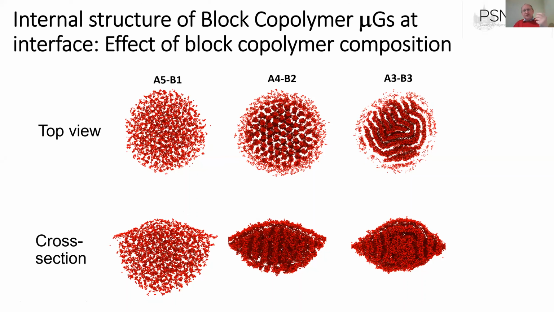Indeed, they need to uptake water and they need to uptake oil, and this somehow controls the orientation of the nanostructure at the interface. And for the symmetrical polymers, we have lamellar. Here, the lamellae are pretty soft, and we have a kind of fingerprint texture because the lamellae bend, and the total shape of the microgel, I mean the cross-section, is more or less ring-like.